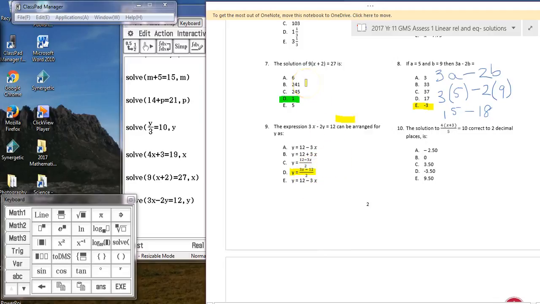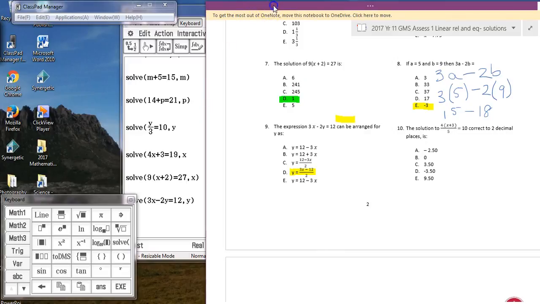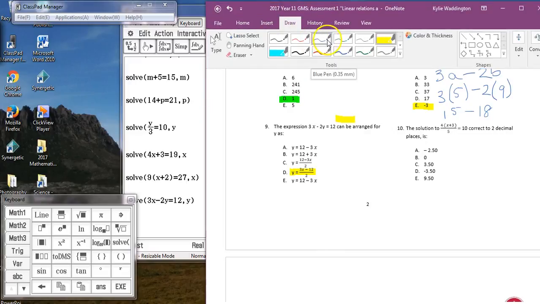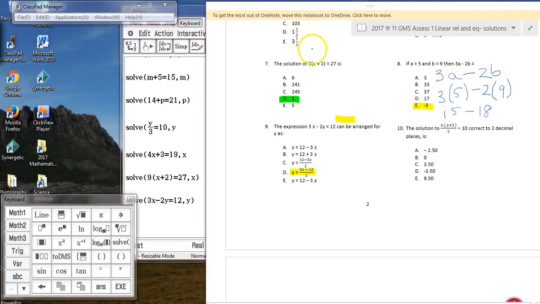We can do that by hand as well, and I will show you that because that's something that a lot of people struggle with. So if we're going to rearrange the equation, we have 3x minus 2y equals 12. We're interested in y, so we're going to rearrange based on that. So we end up with 2y equals 12 minus 3x.